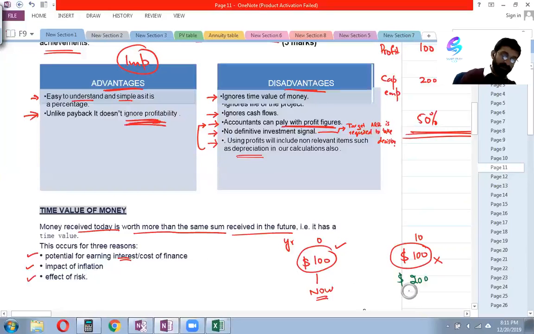Because of the inflation, the value will be lower. And because I'm taking some risk also, I don't trust you for 10 years. So if I have to trust you and take the risk, then you have to give us $200. So in other words, you can say that $100 now, year zero, which means right now, is equal to $200 after 10 years.